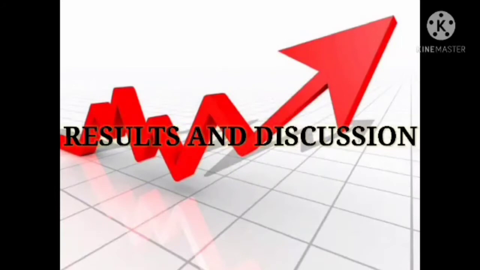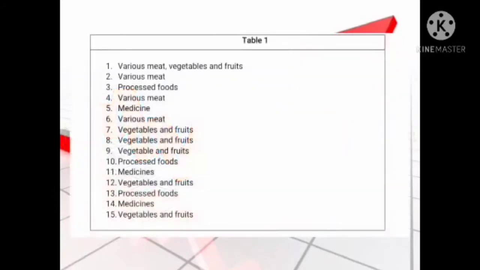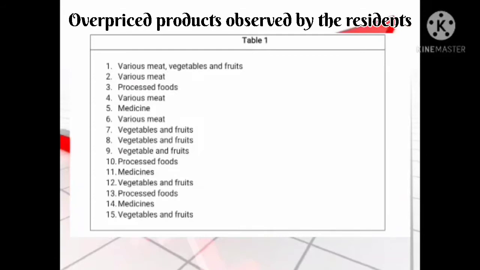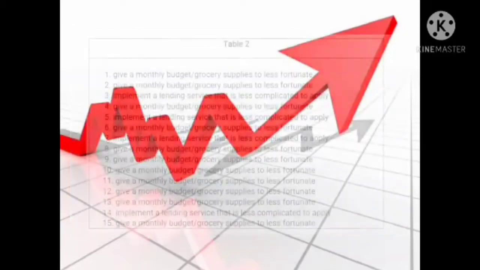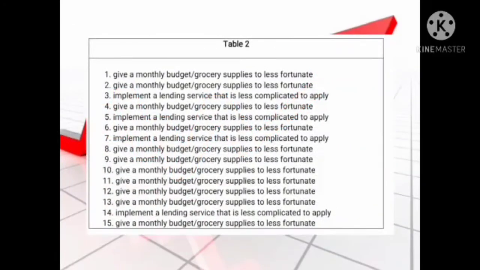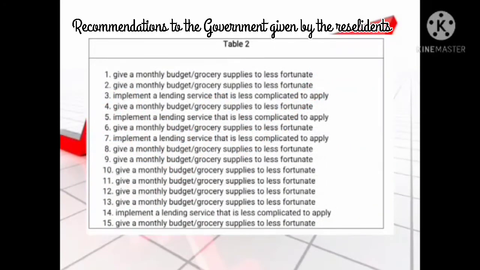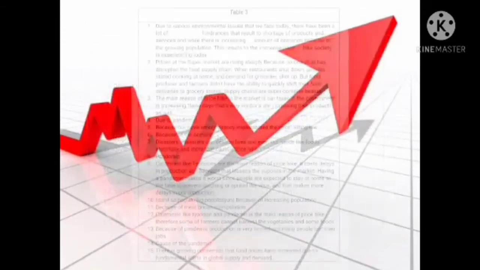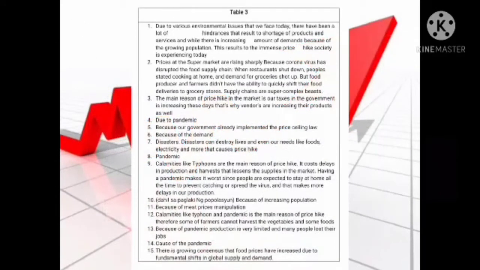Results and discussion. Table number 1. The question is, overpriced products observed by the residents. Table 2 is all about recommendations to the government given by the residents. Table 3 shows the concluded reasons of price hike given by the residents of Binyan City.